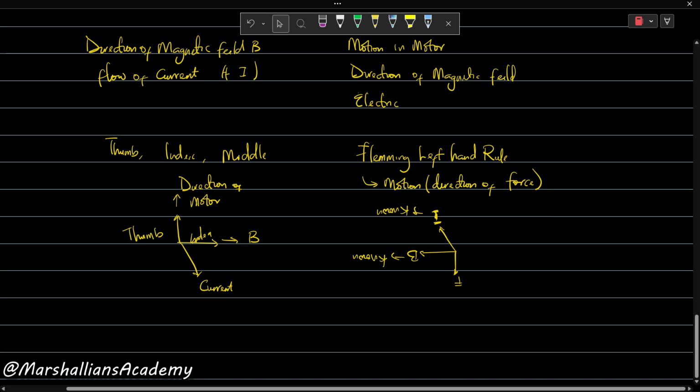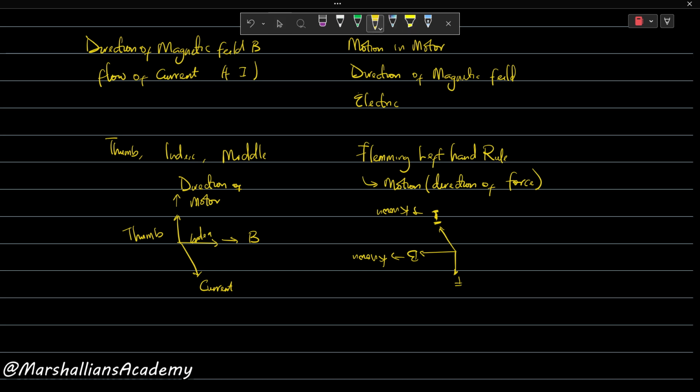On the other hand, we have something called Fleming's right hand rule. Fleming's right hand rule is applied for generators. Don't forget, generators are devices that convert what? Mechanical energy, that's movement, motion, into electricity. Are we together?